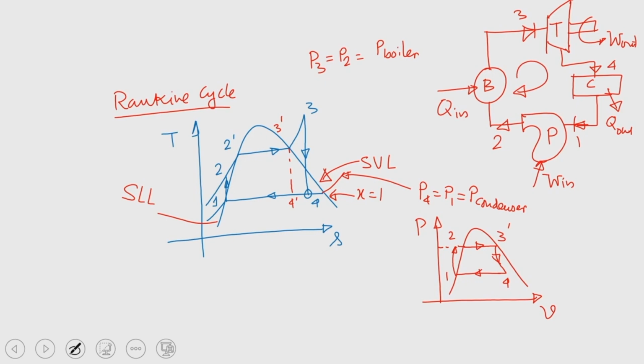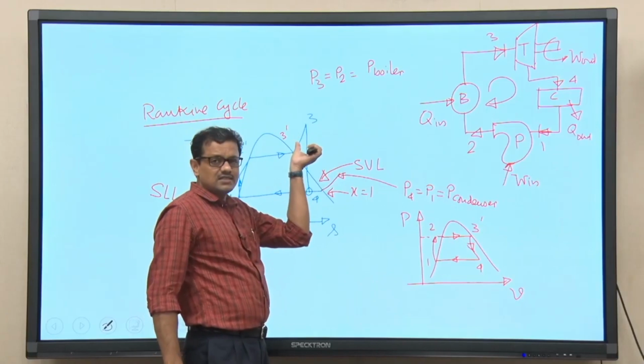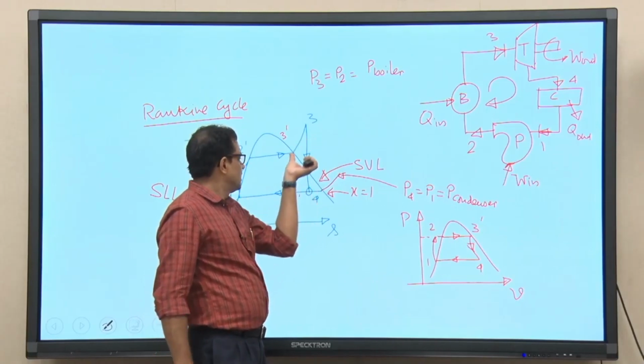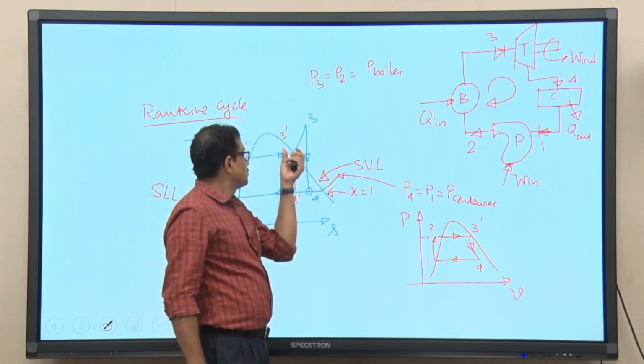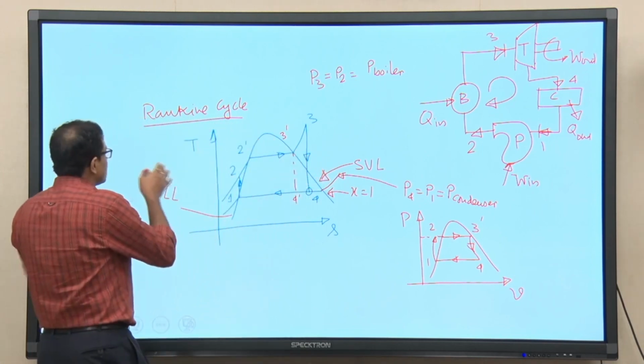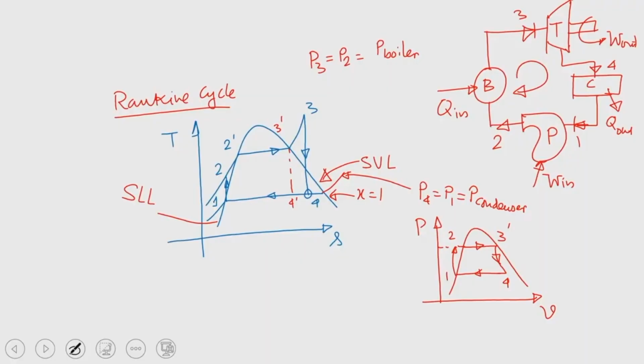Now, question is, if we even do not go for superheating steam beyond 3 prime, this is also the simple Rankine cycle. So, whenever I am talking about the simple Rankine cycle, I am writing it as 1, 2, 2 prime, 3, 4.